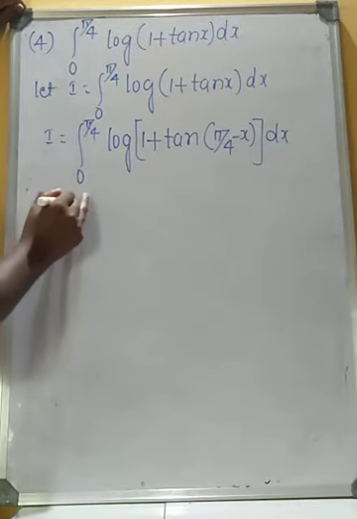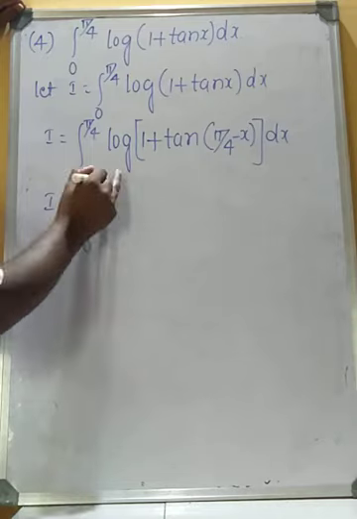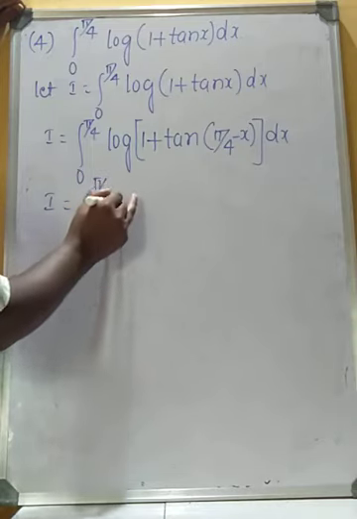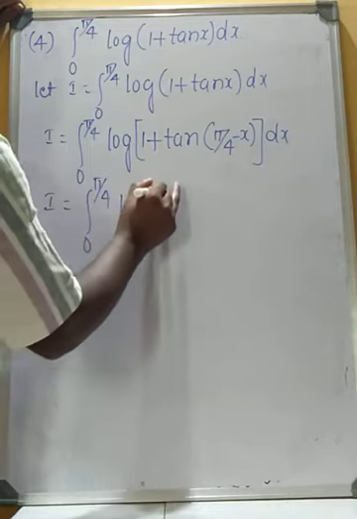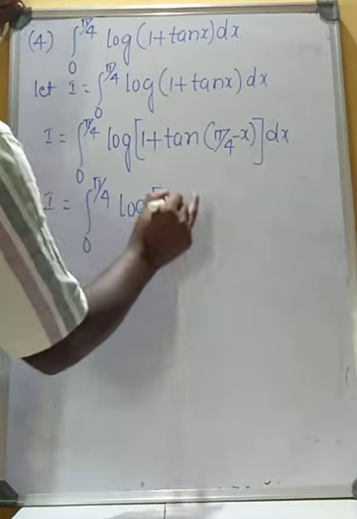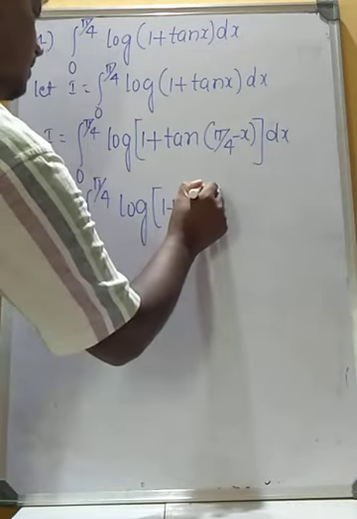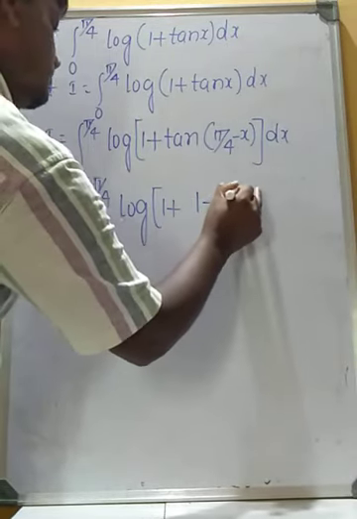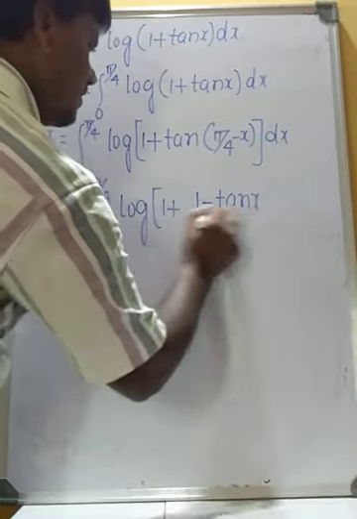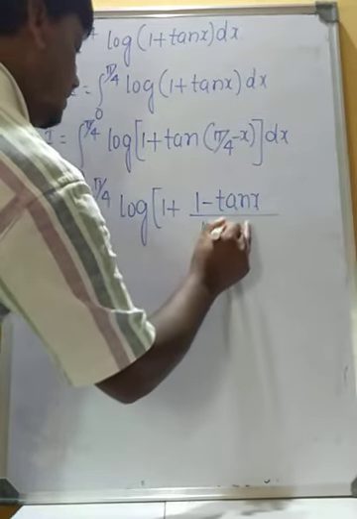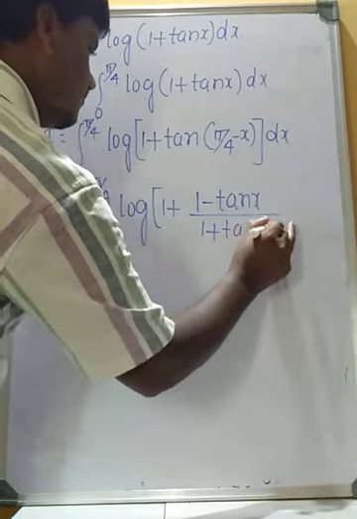So I equals integral 0 to pi by 4 of log of 1 plus, where tan of pi by 4 minus x is 1 minus tan x divided by 1 plus tan x.